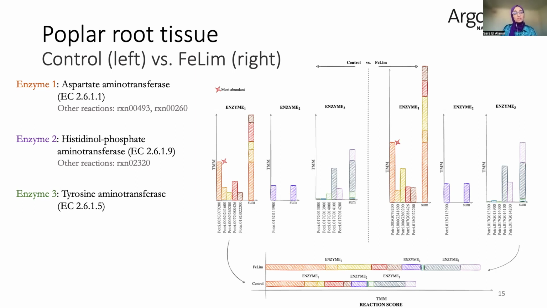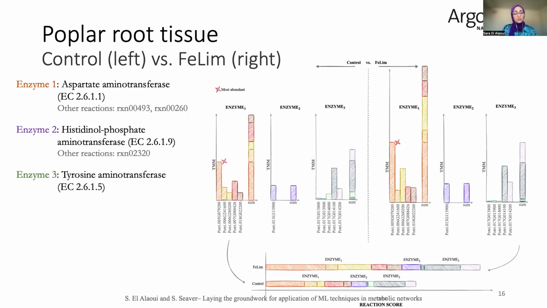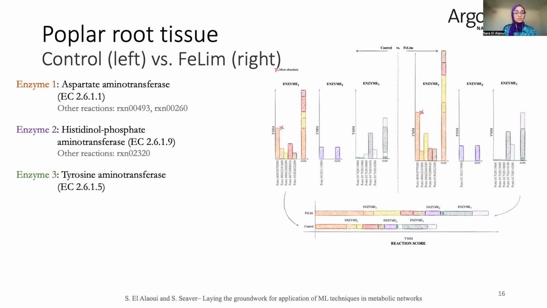Then for the reaction expression score, here I compare the score under control growth conditions on the left, and on the right, you can see the limited iron condition. Just by analyzing the enzyme complex, I can see that under limited iron, there's a huge difference between the score under limited iron and the control condition. This also affects the biologically feasible flux under these two conditions.